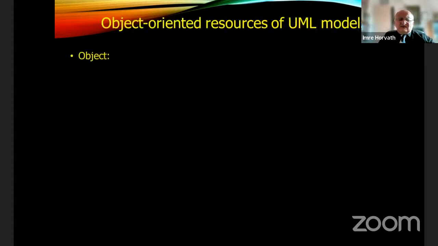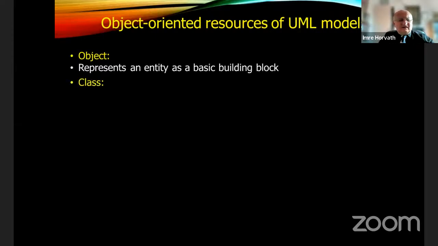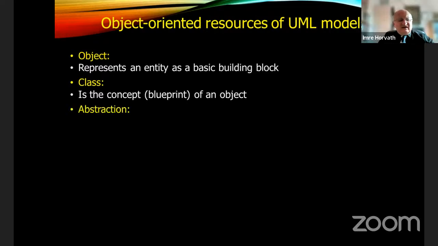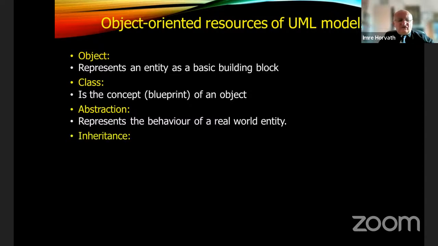Object-oriented resources for UML models are the objects that I already elaborated on shortly. They represent an entity as a basic building block. There are classes, which are a kind of blueprint or concept of an object. We have abstractions, which represent the behavior of a real-world entity.